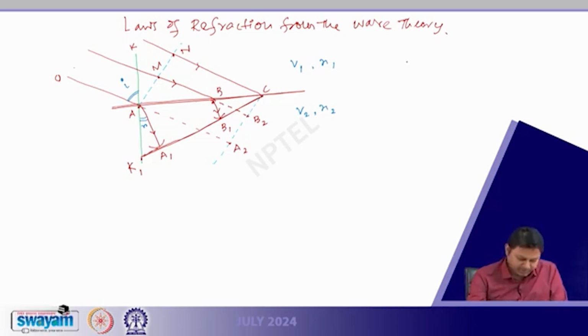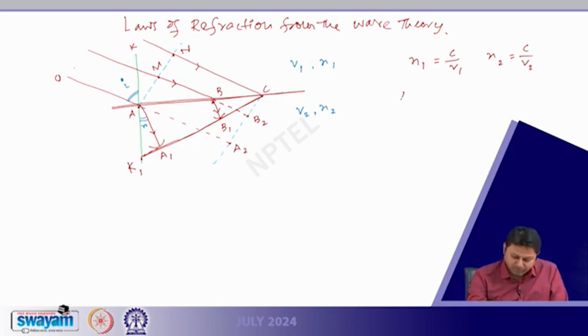So, here N1 is the refractive index, which is C divided by V1, and N2 should be C divided by V2.